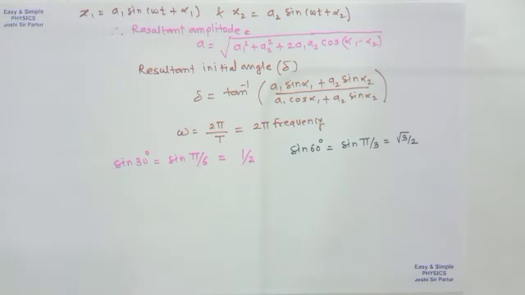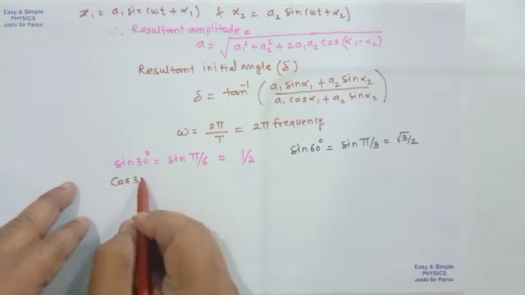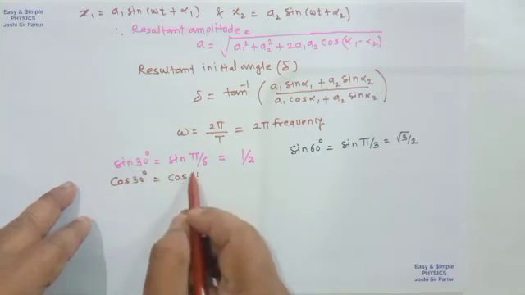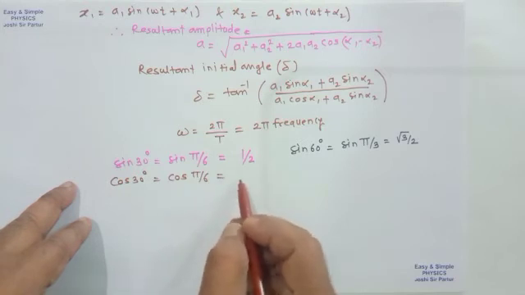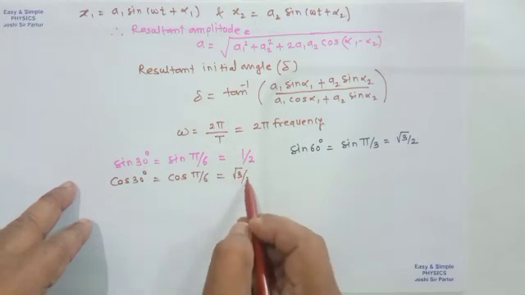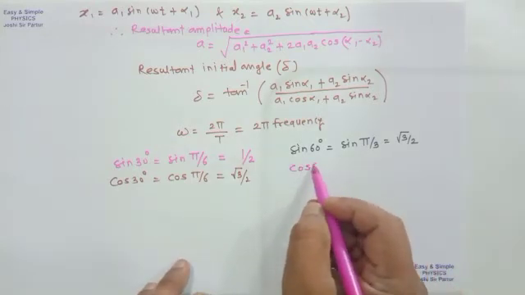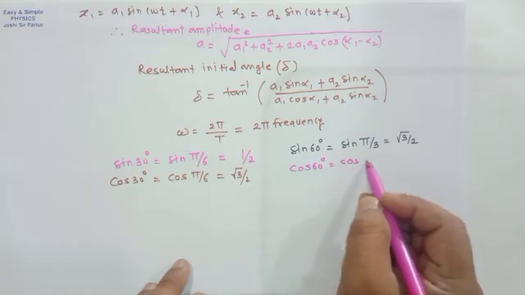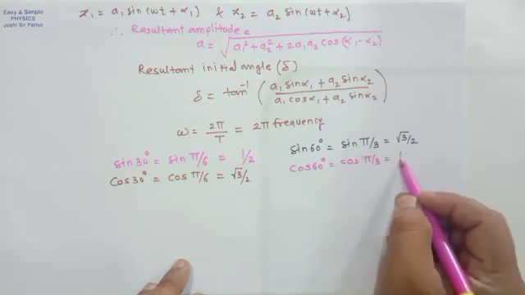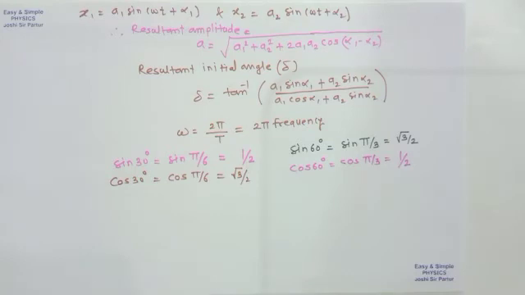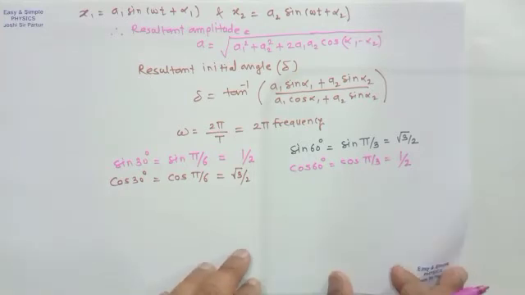Again, cos of 30 degree means cos of pi upon 6, then its value will be square root of 3 upon 2, and cos of 60, cos of pi upon 3, its value will be 1 upon 2. Using these values we can solve different examples on two S.H.M.